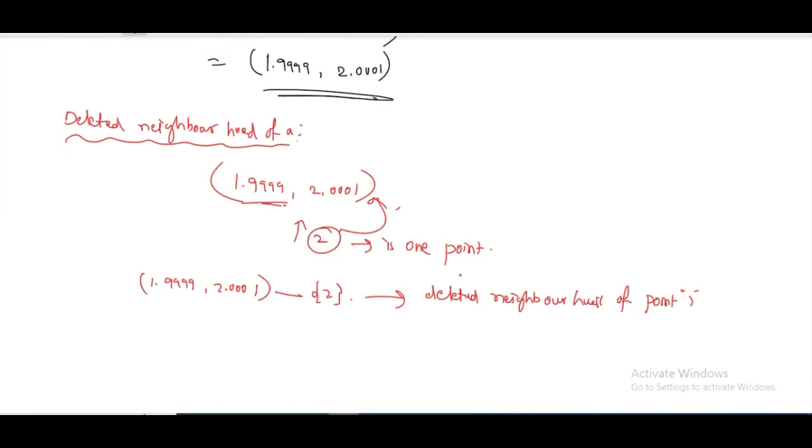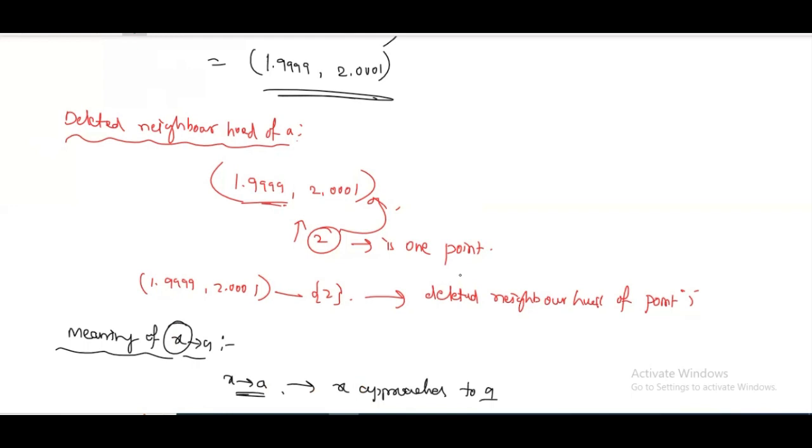What is the meaning of x tending to a? Here the independent variable is x. The independent variable x tending to a finite number a means x approaches a.